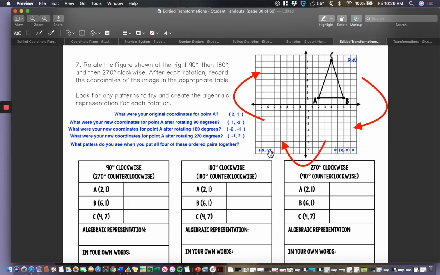When you rotated it the other time, you ended up in this quadrant right here and you had a negative and a negative. And when you rotate it up there, your x is going to be negative and your y is going to be positive.